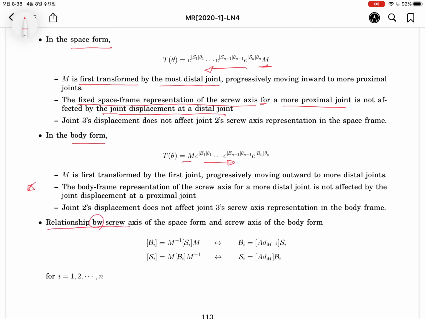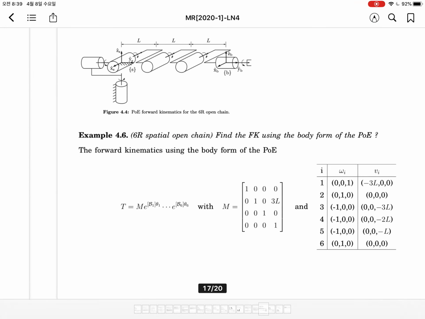Okay, the relationship between the screw axis S and B implies the relationship between the screw axis of space and the screw axis of the body frame. It can be changed using the similarity transformation, using the 4x4 matrix. On the other hand, it can be changed using the adjoint map between the twists, between the screw axes.